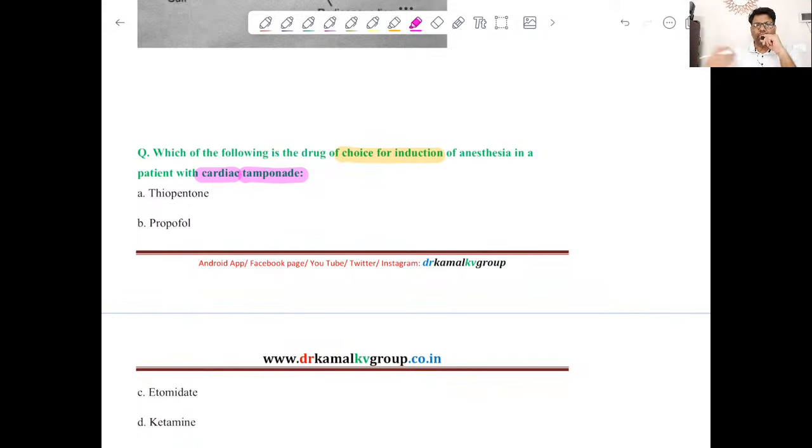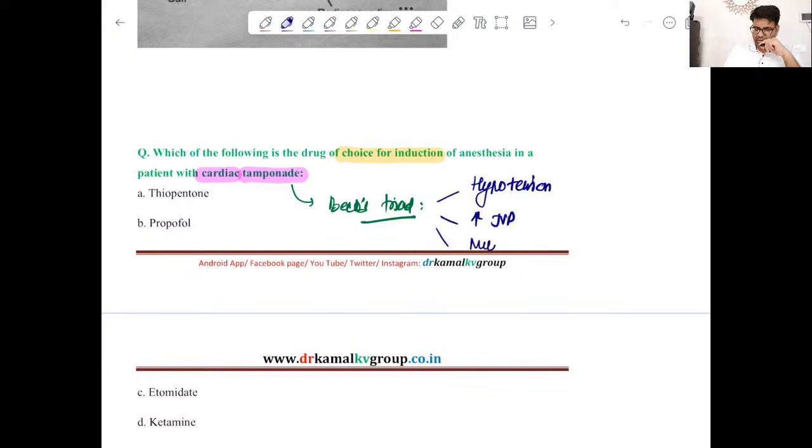See, in cardiac tamponade, I think if you remember, there is one triad, right? And in this triad we have three components. Obviously, the very first is hypotension, then raised JVP, and then muffled heart sounds, right? So I am more interested in picking up this word, hypotension.